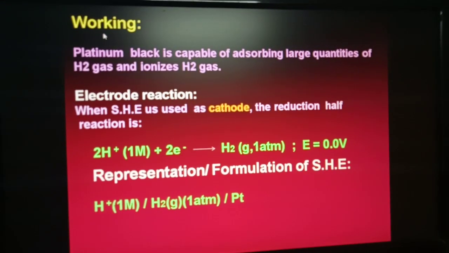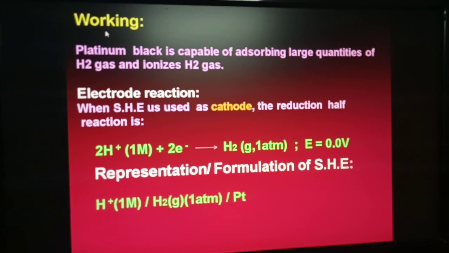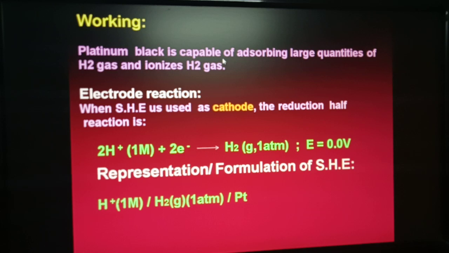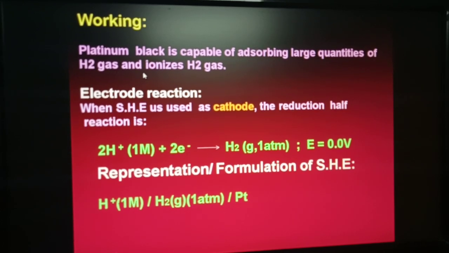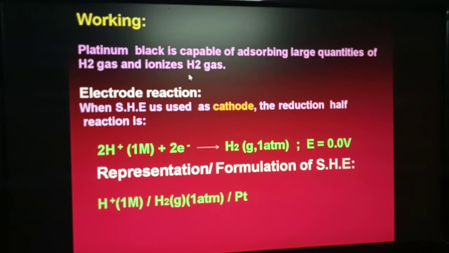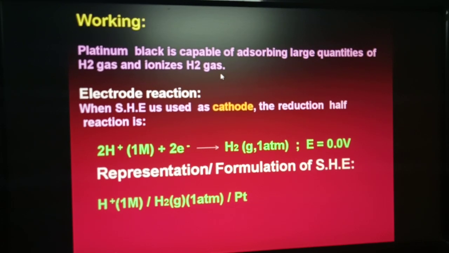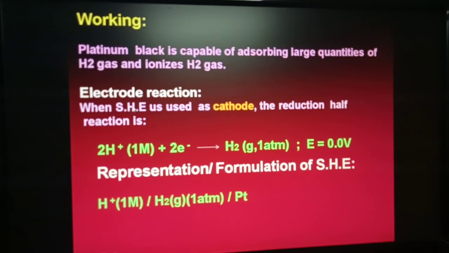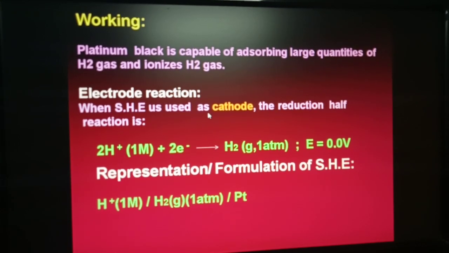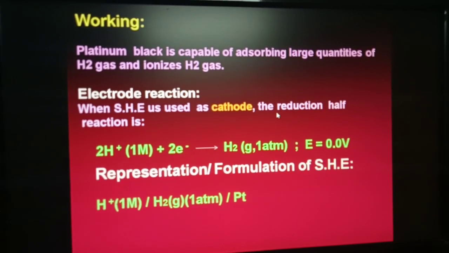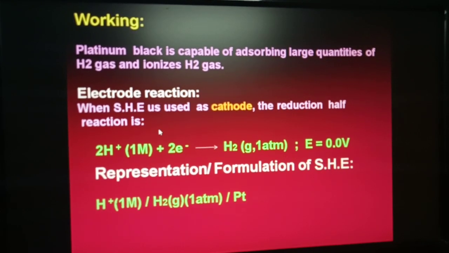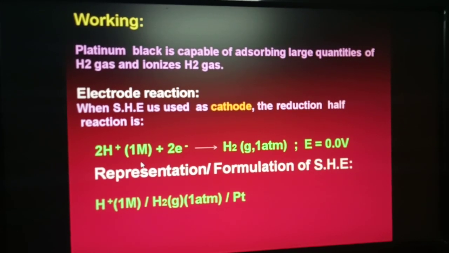Now let us see the working of the standard hydrogen electrode. The platinum black, as I told you earlier, is capable of absorbing large quantities of H2 gas, and it also helps in the ionization of the H2 gas. So if the standard hydrogen electrode is connected as cathode, then the reduction half reaction will take place as follows.